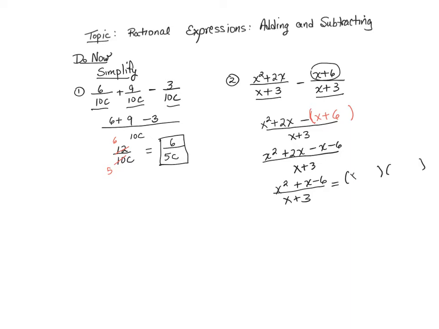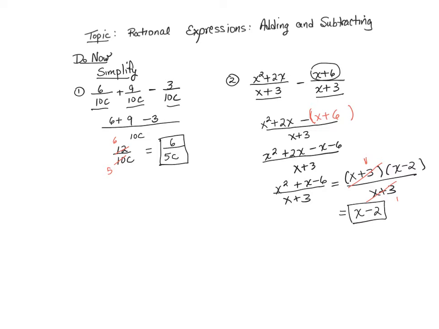So this factors into an x plus 3 and an x minus 2. And remember, we can only divide through when all addition and subtraction are in the parentheses. So the answer to our problem is x minus 2, with the understanding that x is not equal to negative 3. Okay, and that's our simplest form.